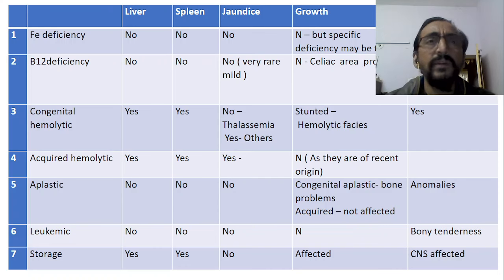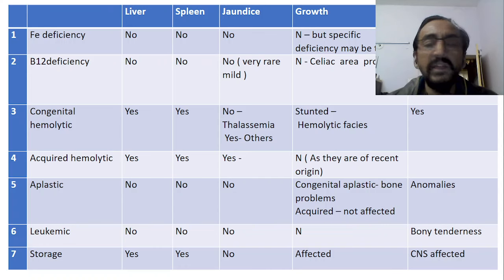Then there is no question of destruction, and no question of formation of jaundice. Okay, so growth. In bone marrow causes also, the growth is not much affected if it is of recent origin. If it is a late, chronic origin, then the growth is affected.